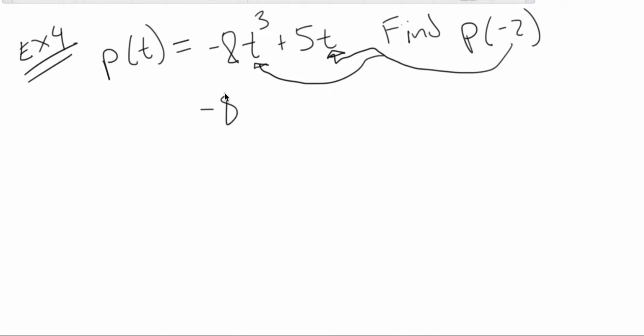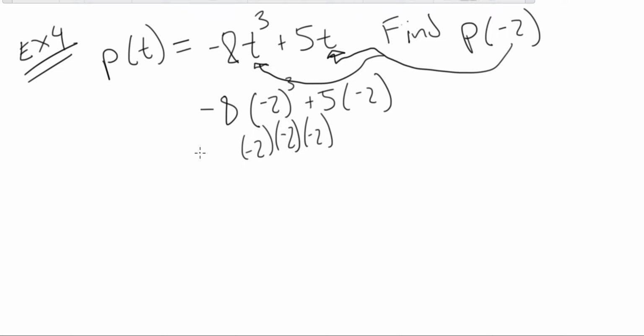Okay, so negative 8 t cubed, we're going to plug in negative 2 everywhere we see a t. Okay, so negative 2 cubed, that is negative 2 times negative 2 times negative 2. We have this negative 8 out front, plus 5 times negative 2.